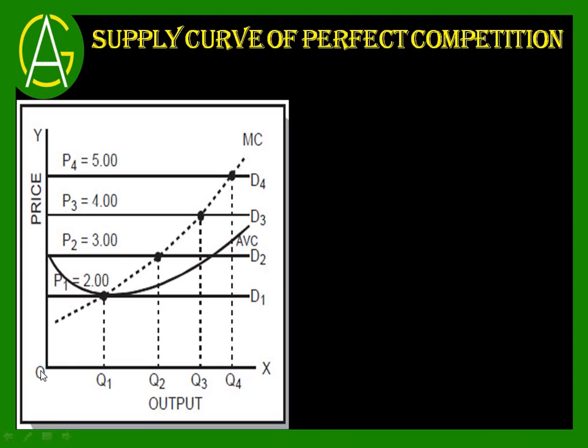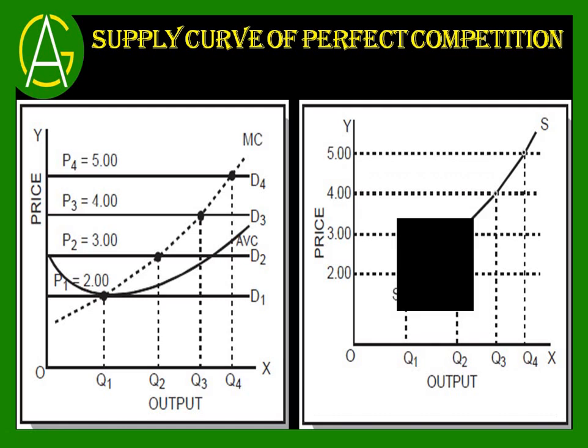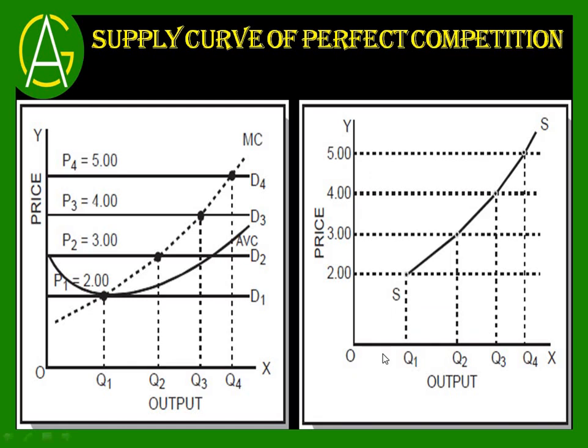Now it is very much clear, if the firm has manufactured OQ1 quantity, it is going to sell that much only. So it will be the supply of the firm. OQ1 will be the supply at the price of 2 rupees. If the firm has manufactured OQ2 quantity, it is also going to supply OQ2.